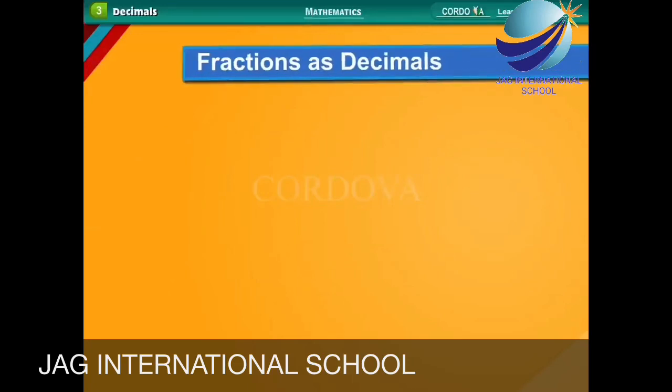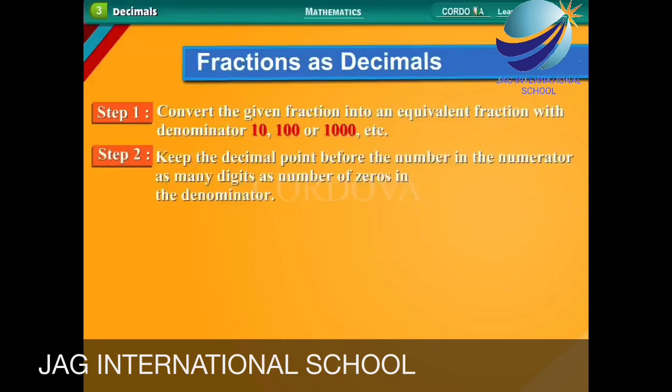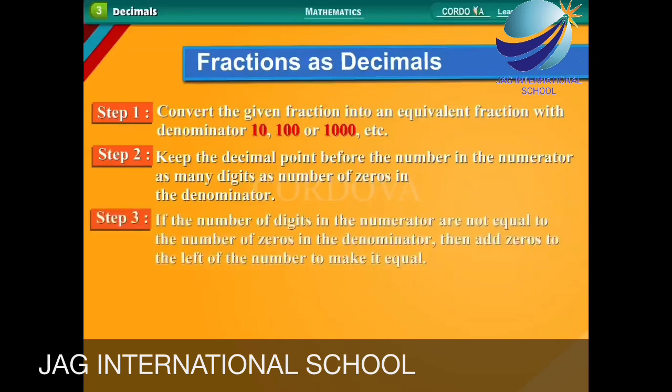Fractions as decimals. Step 1. Convert the given fraction into an equivalent fraction with denominator 10, 100 or 1000, etc. Step 2. Keep the decimal point before the number in the numerator as many digits as the number of zeros in the denominator. Step 3.